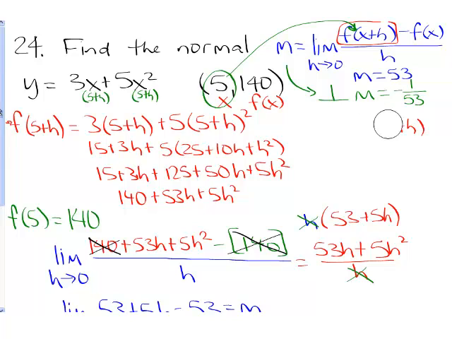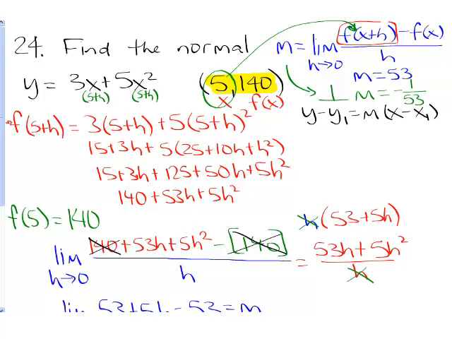And if I have a slope, and if I have a point, can I write the equation of a line? And we'll use the point slope form. y minus y1 equals m times x minus x1.